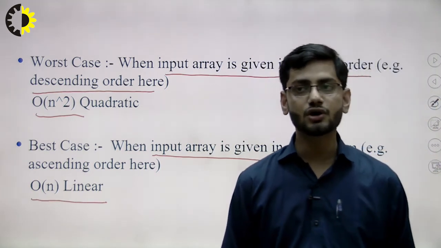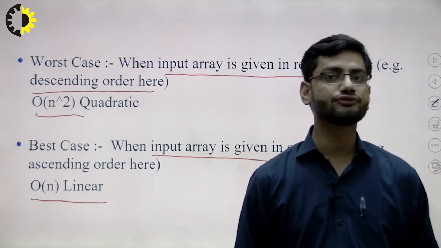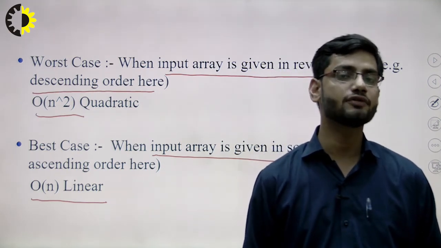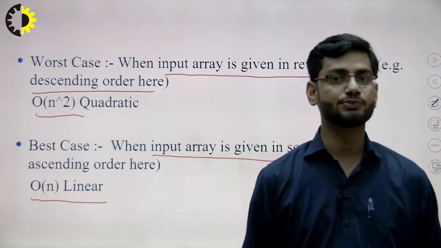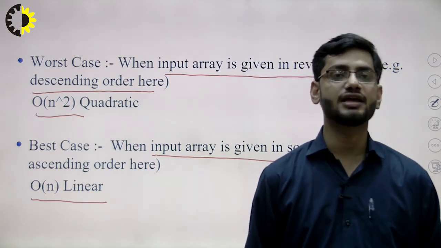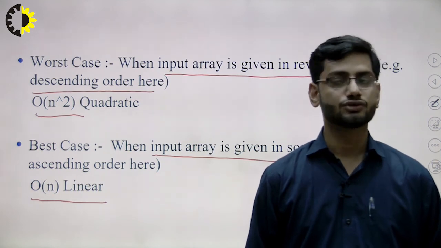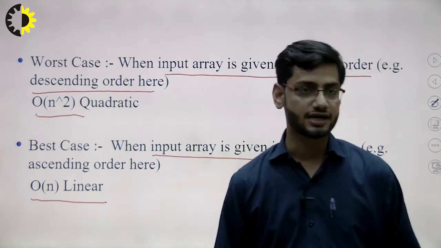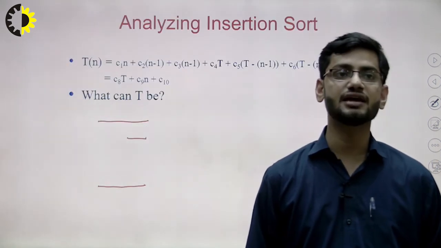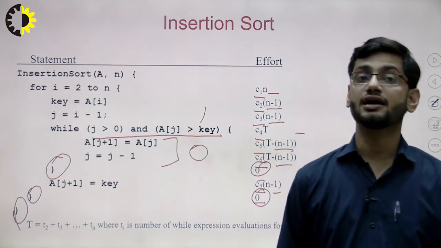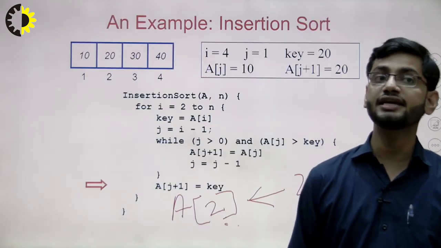Insertion sort gives better output for smaller arrays, for smaller inputs. If I have 5 to 6 inputs, or 10 inputs, this gives the best result. And if you see in the implementation, I am not using any additional array.